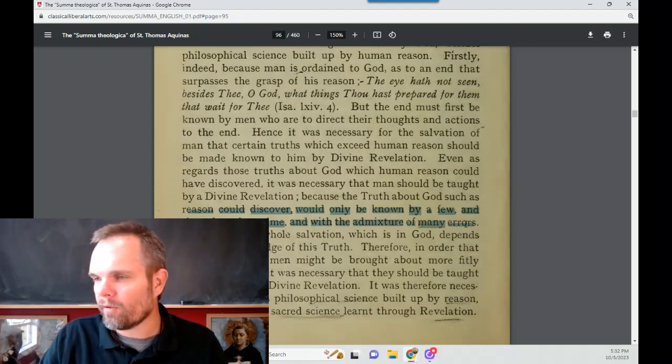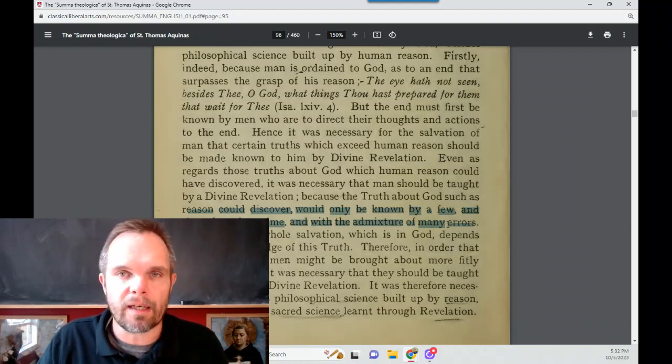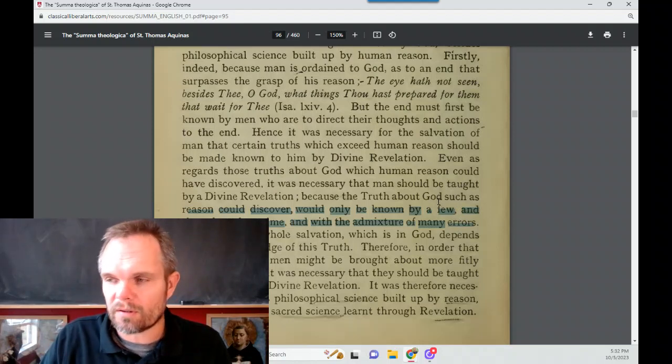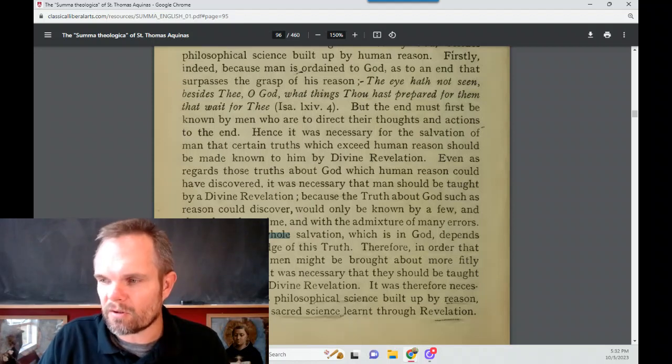Here we have the introduction of another reason. It would be an imperfect knowledge, known only to a few, and it would take a long time for those few to discover. "Whereas man's whole salvation, which is in God, depends upon the knowledge of this truth. Therefore, in order that the salvation of men might be brought about more fitly and more surely, it was necessary that they should be taught divine truths by divine revelation."